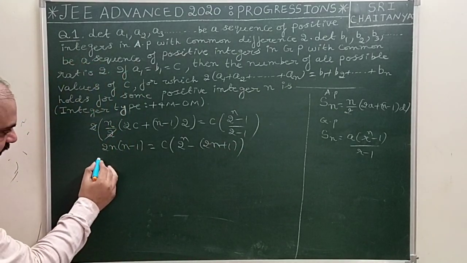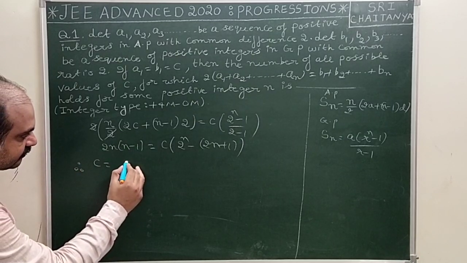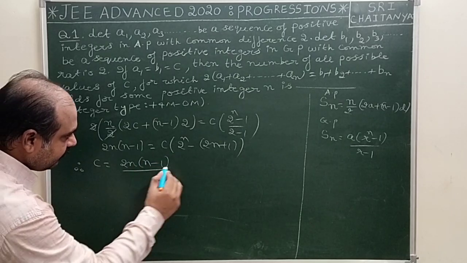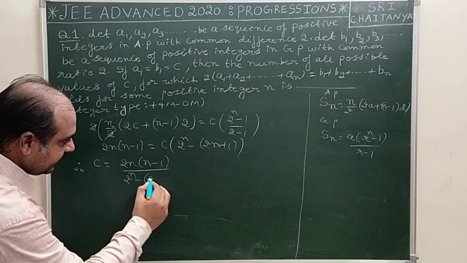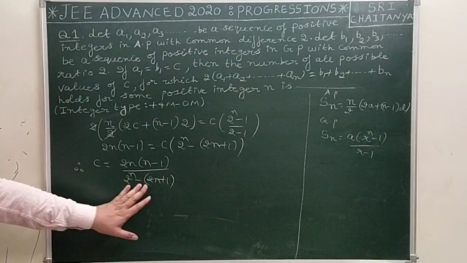Therefore the C value is simply 2n into (n minus 1) divided by (2 power n minus 2n plus 1). So this is the C value.